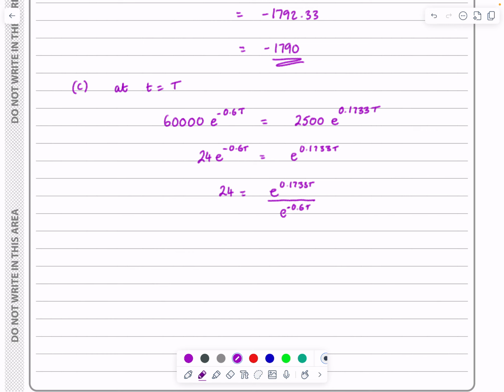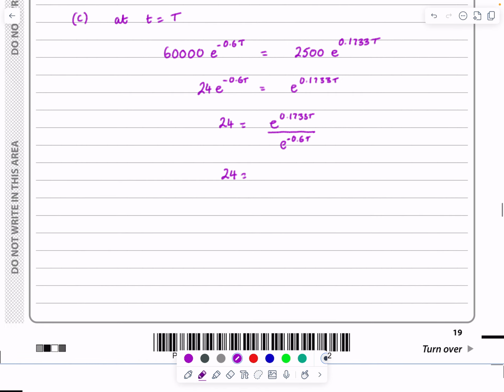Okay, so when I divide that down, now what you can do using your indices rules is just to add the power, so it's to subtract the powers. 0.1733t minus 0.6 is going to give us e to the 0.1733 plus 0.6 t there.